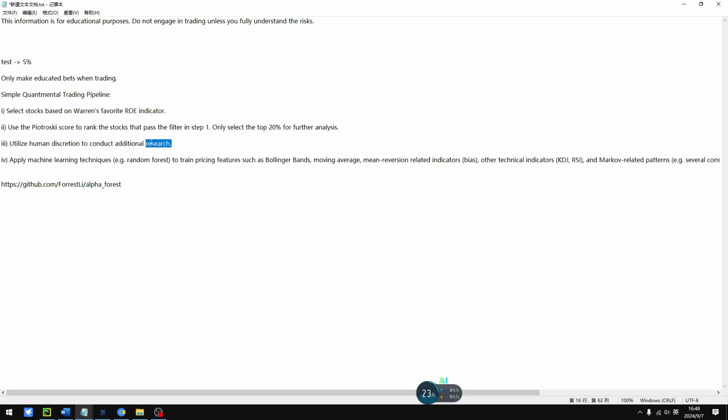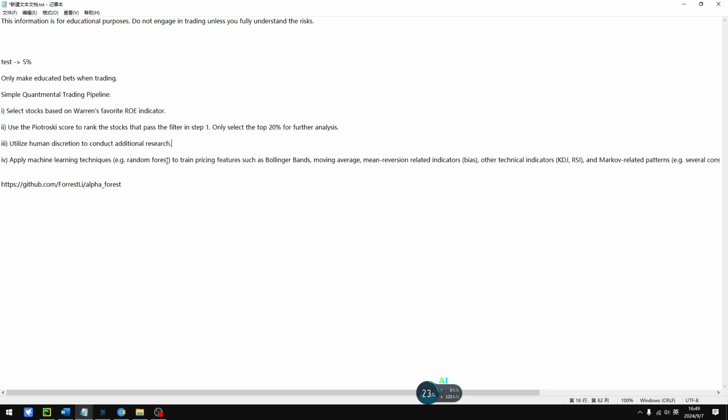And thirdly, we need to use our human discretion to do our own homework. Let's say we then need to read the newspapers and use our own gut to judge whether those stocks should be on our list or not. And then for the final ones, we can apply modern machine learning techniques like random forest to train on price features such as Bollinger Bands, moving average, mean-reversion related indicators, and other technical indicators like KDJ, RSI.